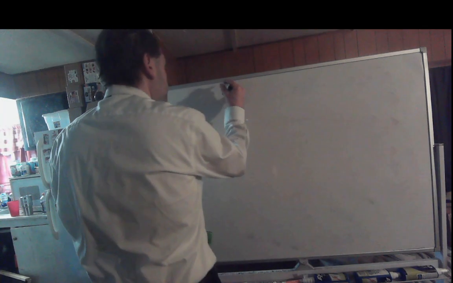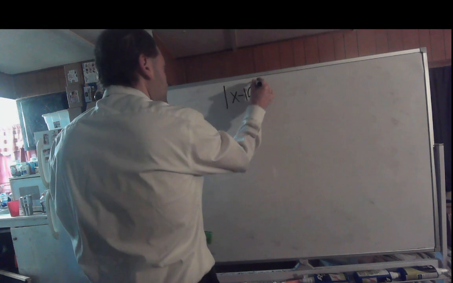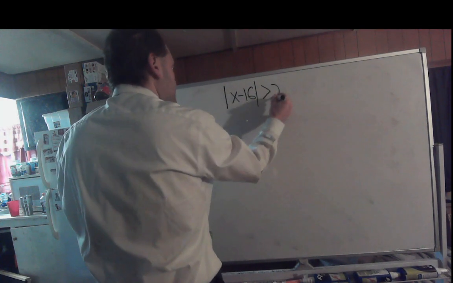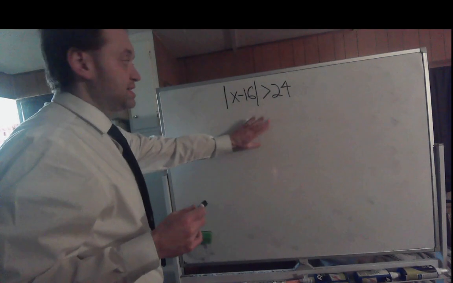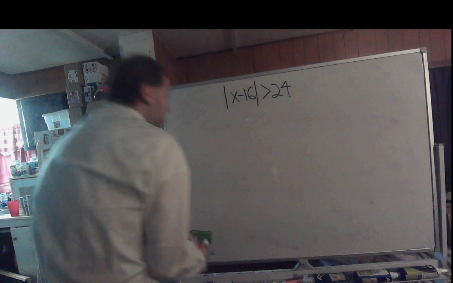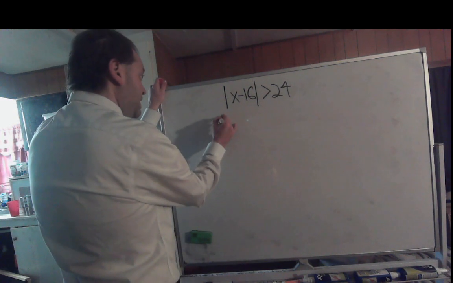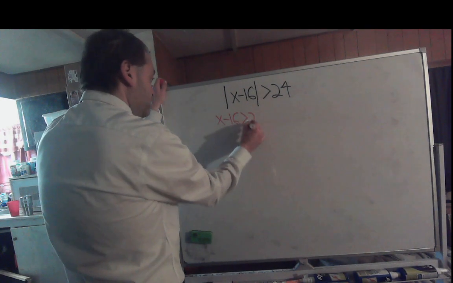All right. Absolute value of x minus 16 is greater than 24. Well, of course, you'll end up with x minus 16 itself is greater than 24.